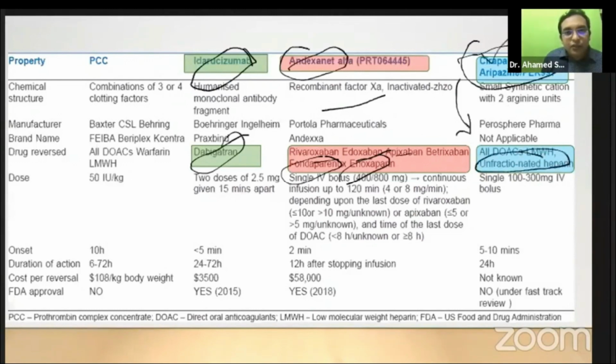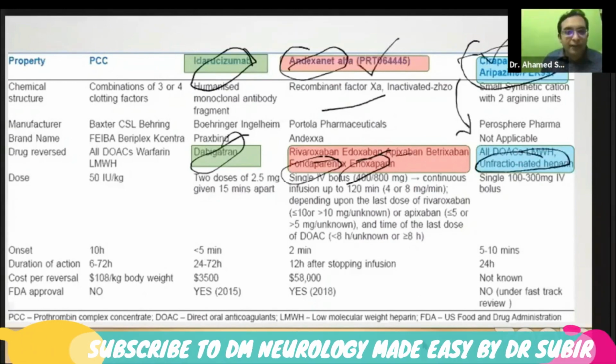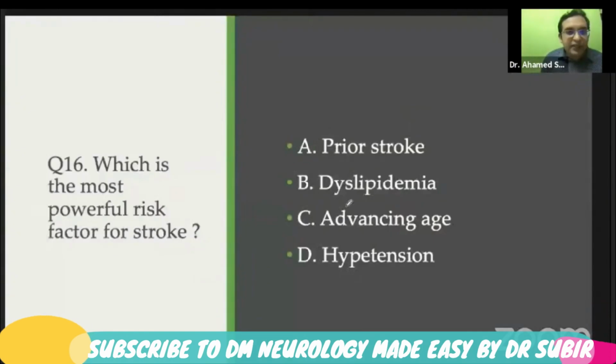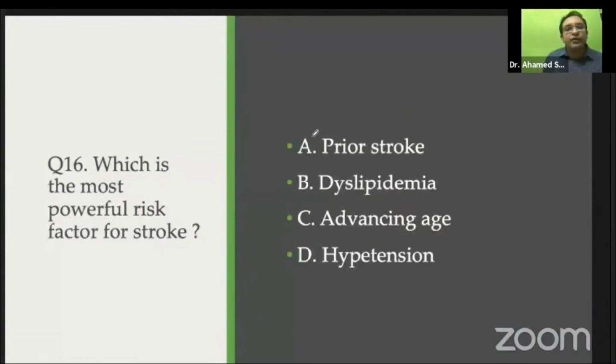So this you need to know. That is why I told you we have to be aware of the newer, latest developments occurring, especially in the field of stroke as we are dealing with it. And that was regarding that. Now, the usual question is, which is the most powerful risk factor of stroke?